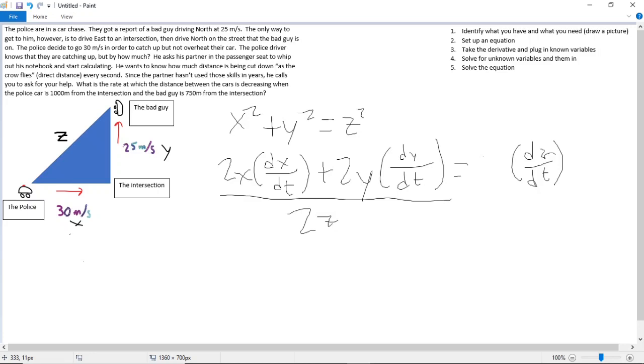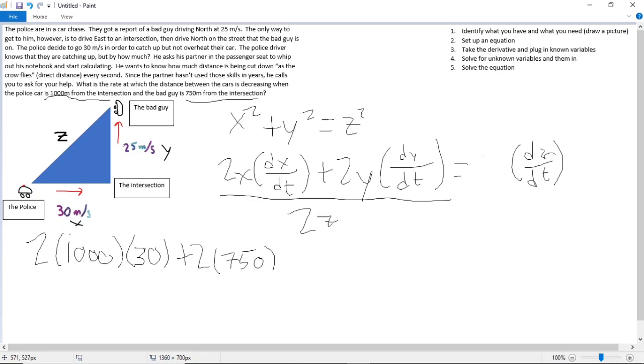That's easy. So we have 2 times x. x is where the police car is, and the police car is 1,000 meters from the intersection. So 1,000 times dx over dt, and that's the change in x, so that'd be their speed, and that's 30, plus 2 times y, and y is the bad guy, and that is 750 meters from the intersection.